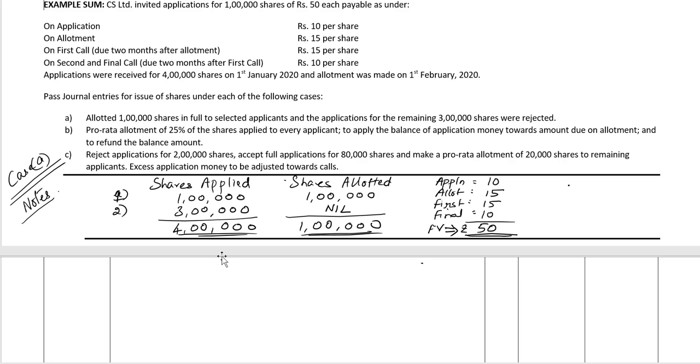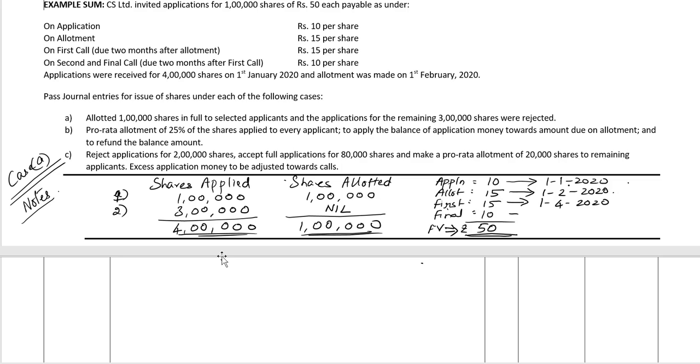Let's write the dates. The application money was received on 1/1/2020 and the allotment was made on 1/2/2020. The first call was due 2 months after allotment. So that is 1/4/2020.